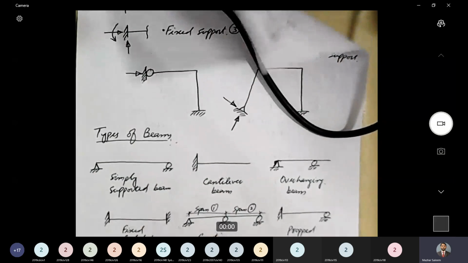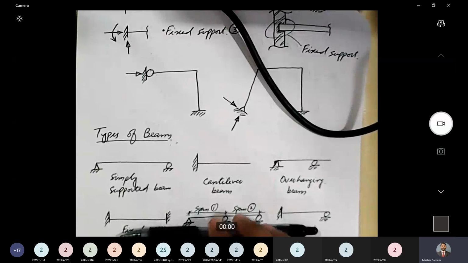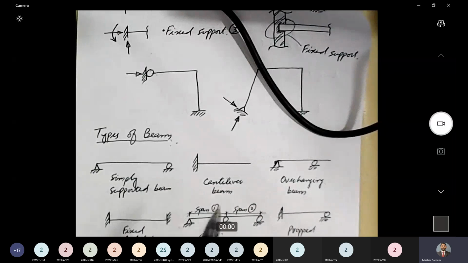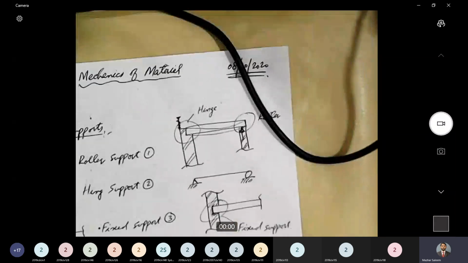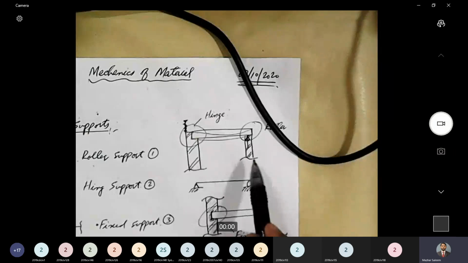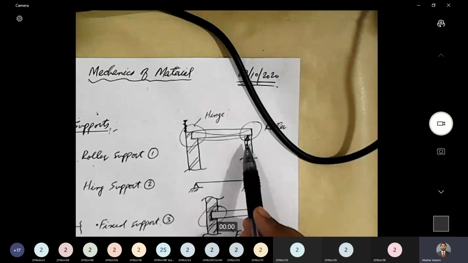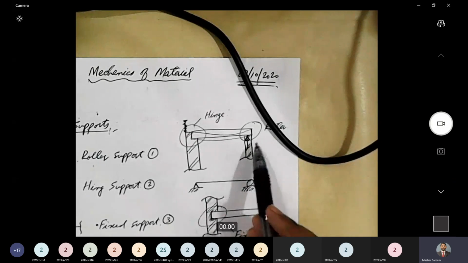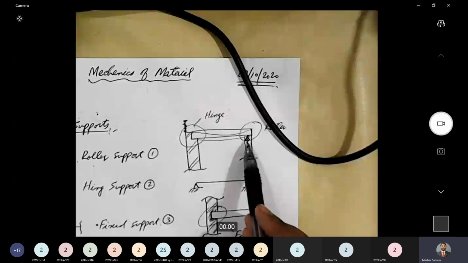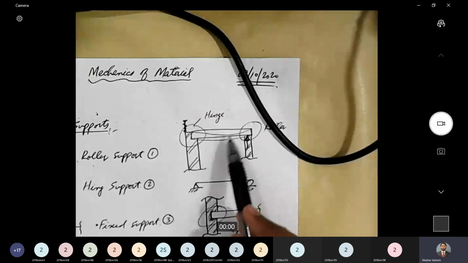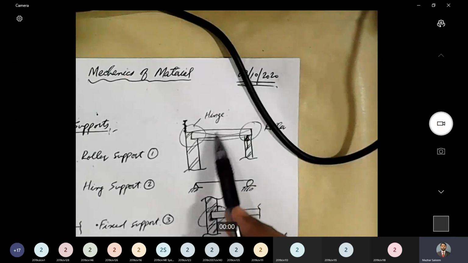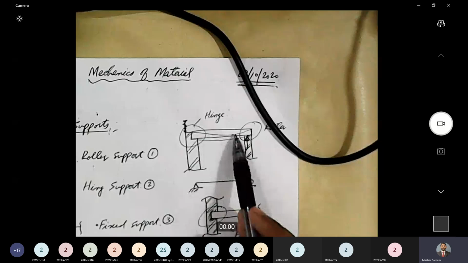But practically that is not the case. In reality, even if we say that, okay, this support is a roller support, even then this support has the capacity to generate some horizontal reaction. Why? Because of its self weight. The self weight of the structure is significant, and there might be some external load acting on the beam as well.